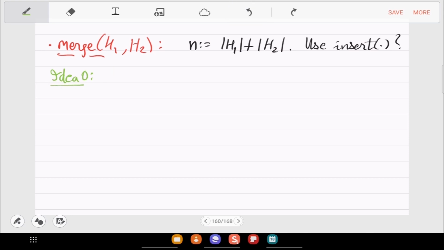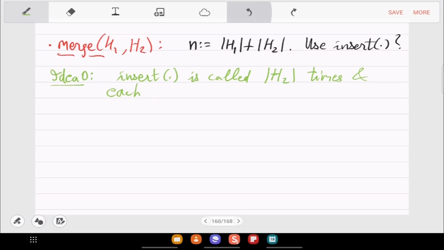So in this case, insert has to be called, and each call it takes log of h1 time.